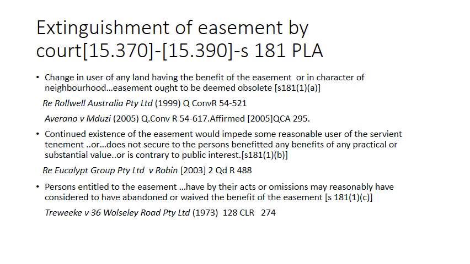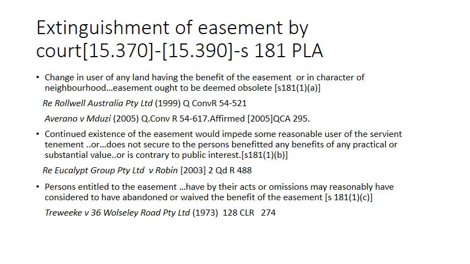So on that basis, Justice Ambrose refused to extinguish the easement because it still had some benefit to the dominant tenants. And finally, we look at this question of where the easement is considered to be abandoned.